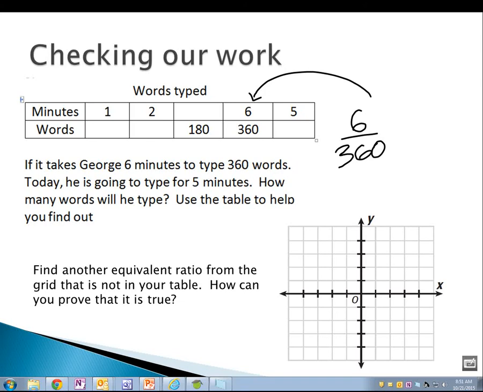What can that be reduced by? By 6. So 1 to 60. That is the rate that we're going to do. So for every 1 minute, there are 60 words that are typed.